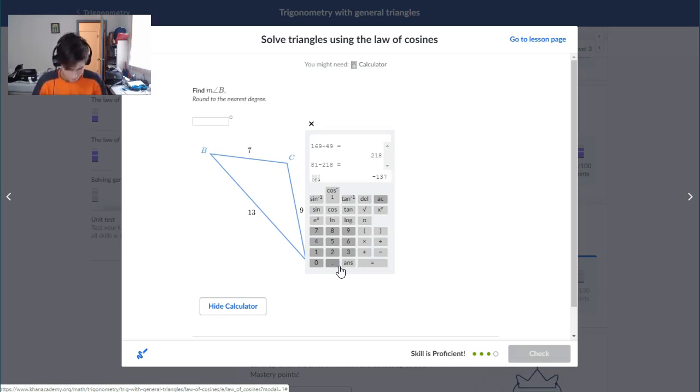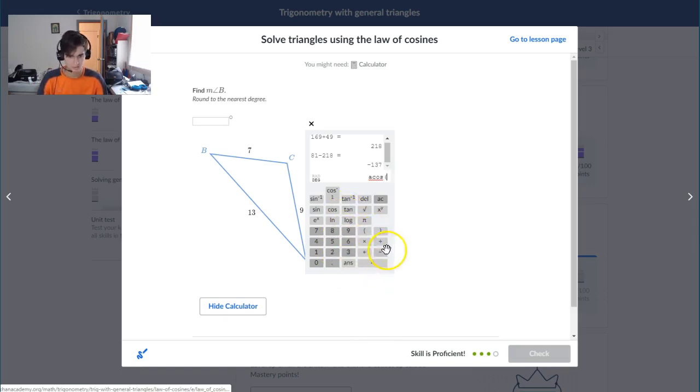Now, if you remember what we did last time, divide both sides by negative 182 to isolate cosine of theta. And now we have cosine of theta is equal to negative 137 over negative 182. So let's see. Now we just have to find the inverse cosine of this, and we are all done.